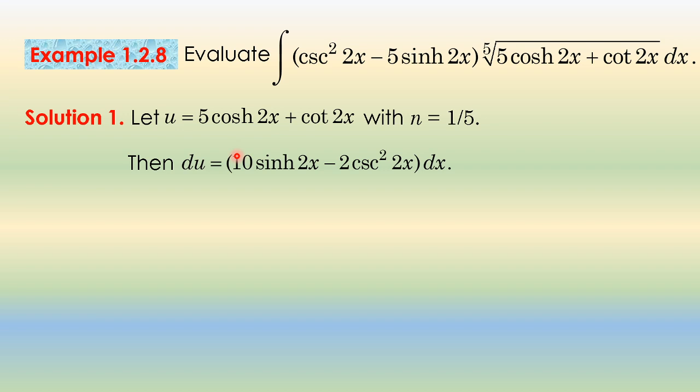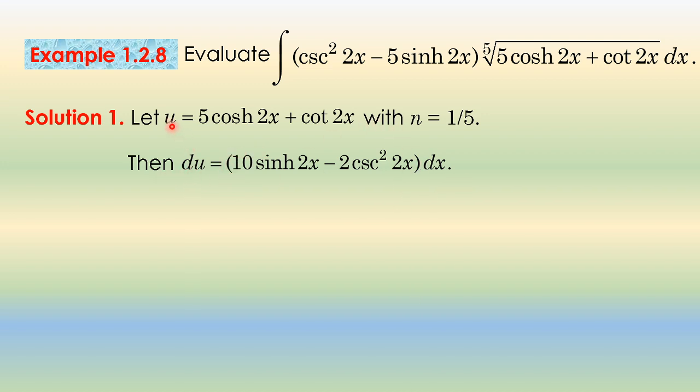So then du is equal to, the derivative of hyperbolic cosine 2x is hyperbolic sine 2x. Derivative of 2x is 2 times 5, so we have 10. For cotangent 2x, the derivative is negative cosecant squared 2x times the derivative of 2x, which is 2. So negative 2 cosecant squared 2x, multiplied by dx.